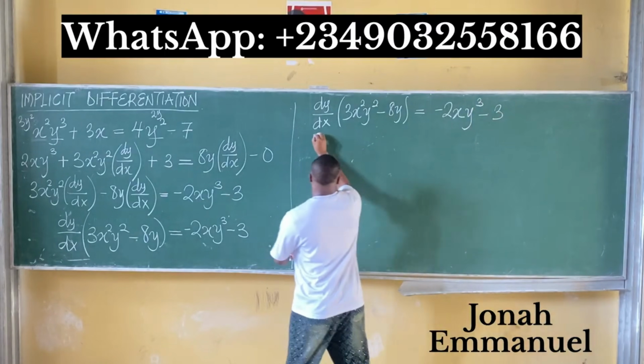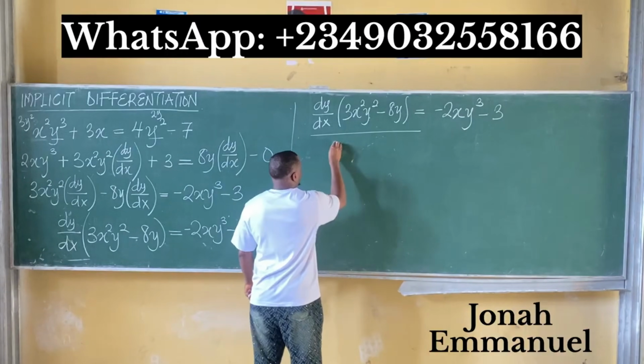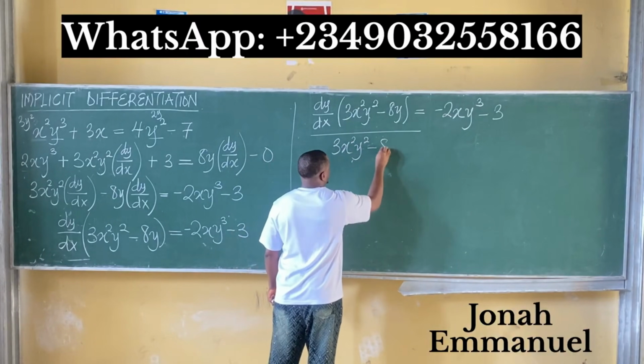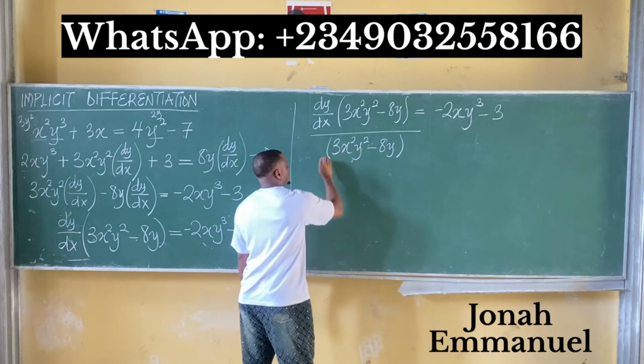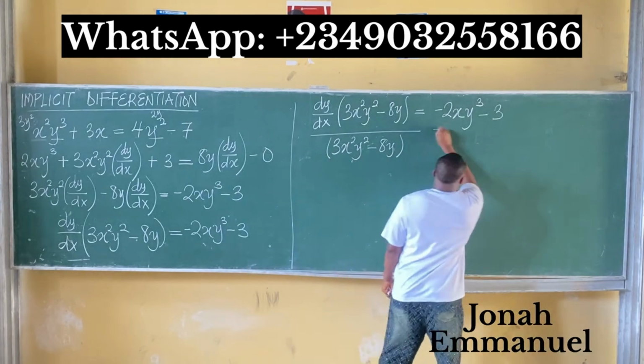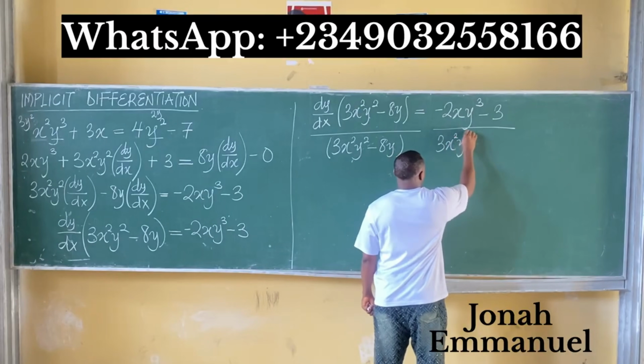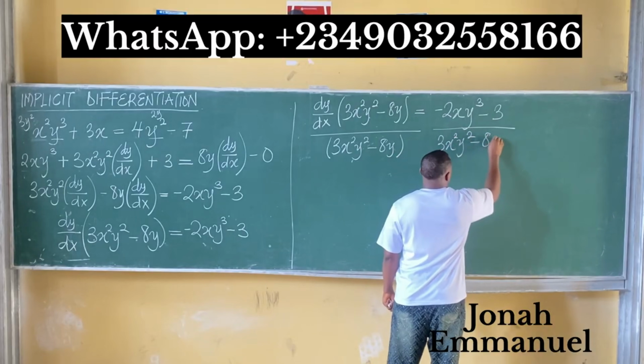So divide here by this term here, 3x squared y squared minus 8y, divided by 3x squared y squared minus 8y.